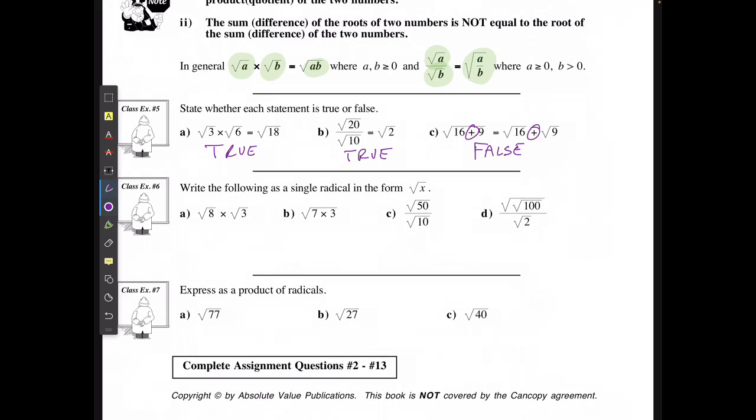So if I'm simplifying these, then I could say that the square root of 8 times the square root of 3 is equal to the square root of 8 times 3, or the square root of 24. Square root of 7 times the square root of 3 is equal to the square root of 21.